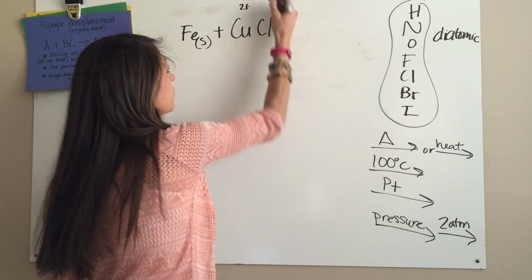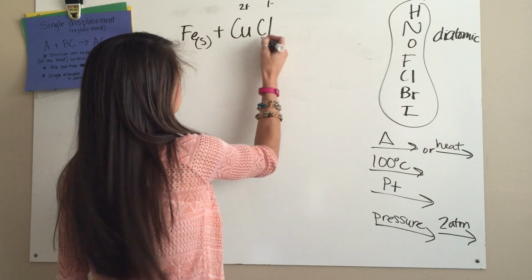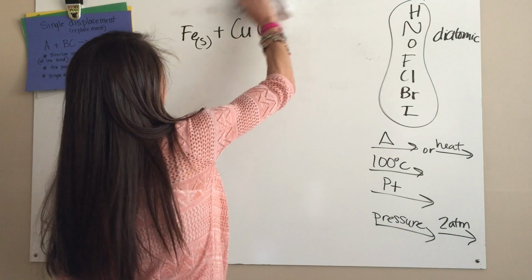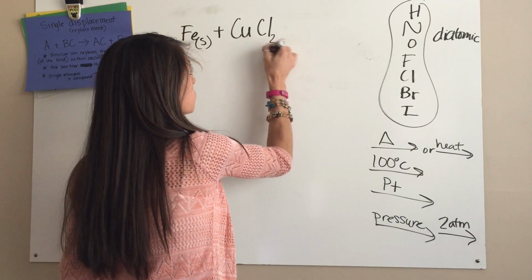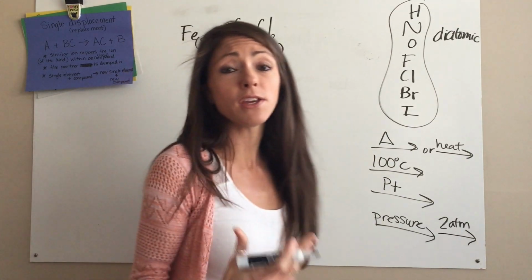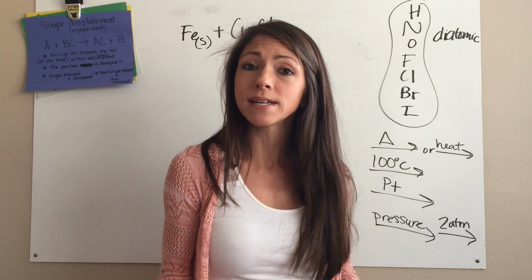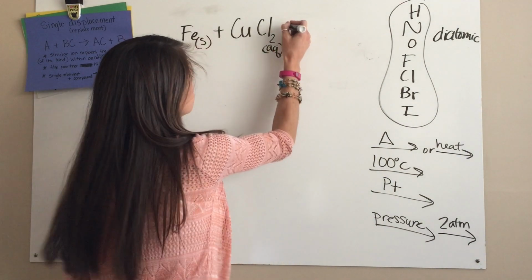Now chlorine always has a charge of 1 negative, so the correct formula for copper(II) chloride is CuCl2. It's a copper(II) chloride solution. Now, aq is a term that means aqueous. It means it's been dissolved in water, so if you've got a solution that's been dissolved in water, we've indicated it with aq.